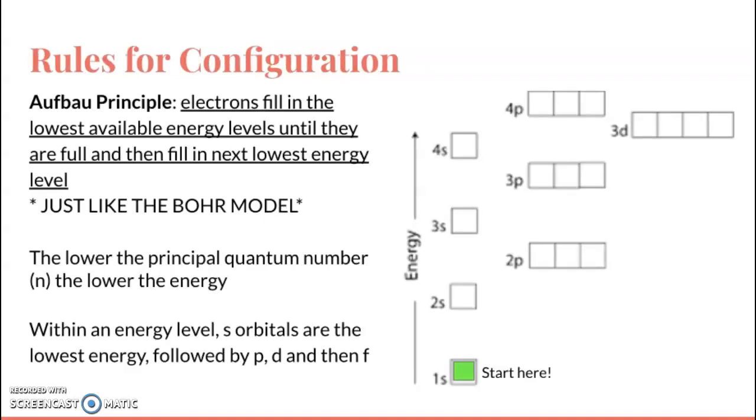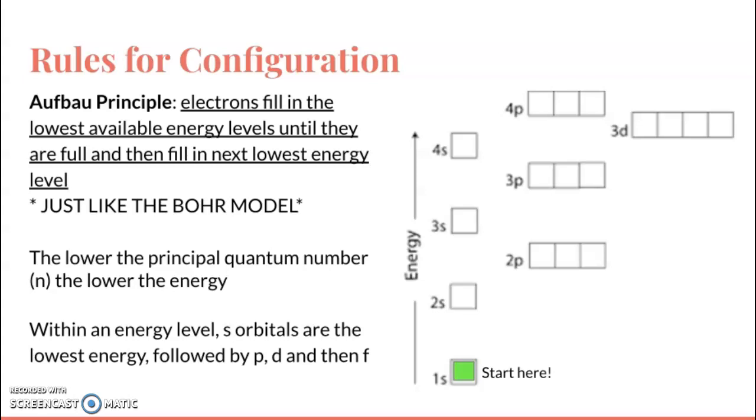My first rule is the Aufbau principle, and that says that electrons fill in the lowest available energy levels until they are full and then move to the next energy level. So it's super similar to the Bohr model. We filled in that first energy level with our electrons, then we moved to the second, we filled in the second, then we filled in the third. Same thing with the Aufbau principle.